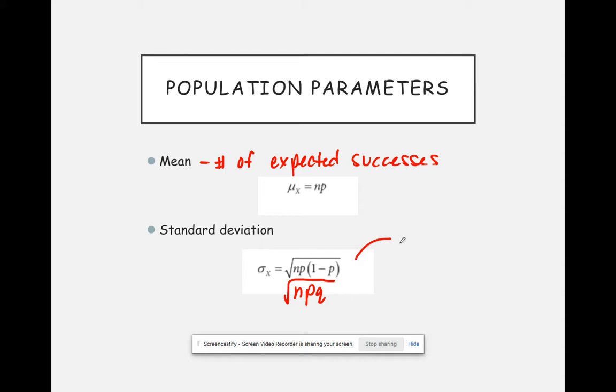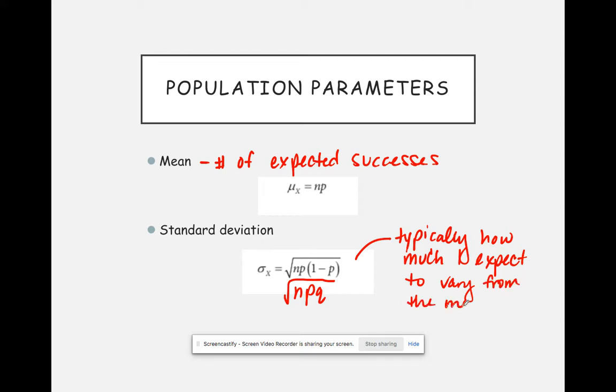So this tells me typically how much I expect to vary from the mean. And again, Statlet will get these for you if you choose to use that, but the formulas aren't all that complicated, so you can also just plug in as well.